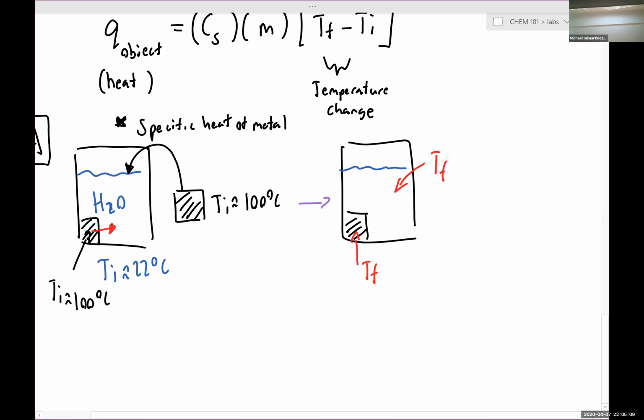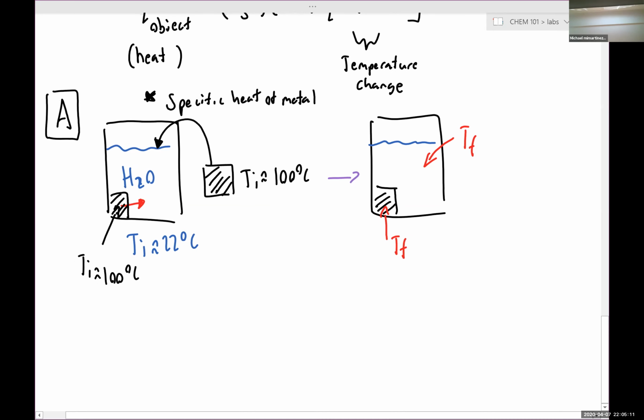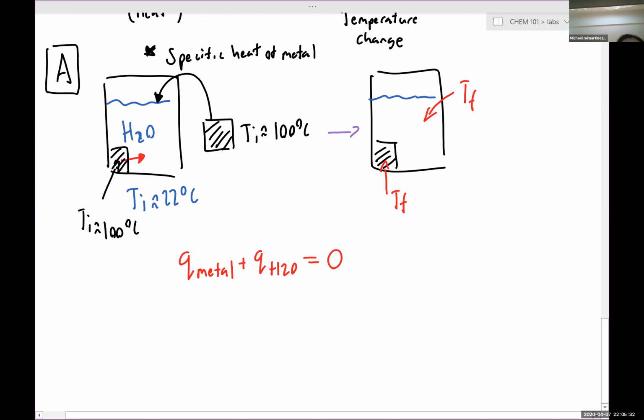So, from this relationship, we know that the Q of our metal, the heat lost by our metal, plus the heat gained by our water, is equal to 0. Energy is conserved. Heat only moves from one object to another. Now, we can write an expression for heat in terms of temperature.